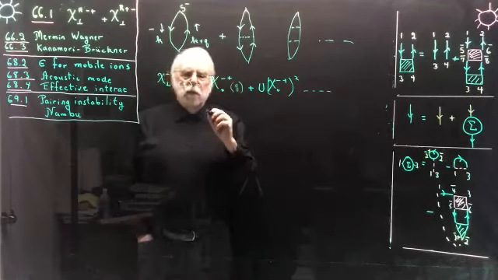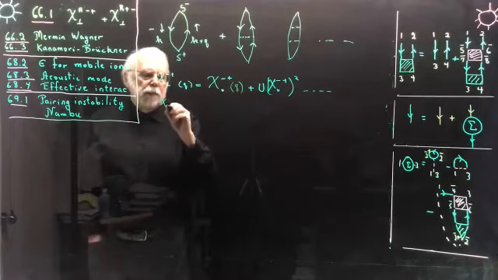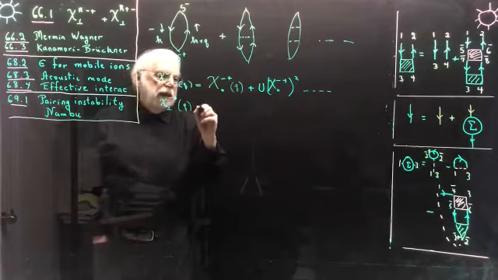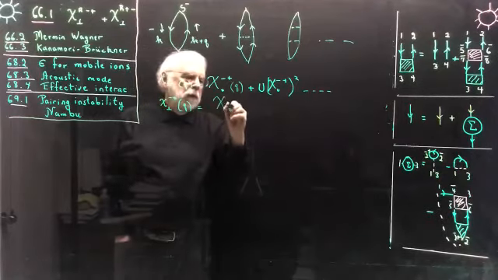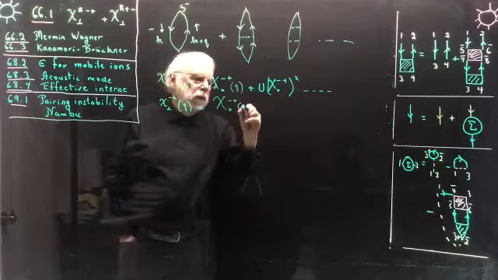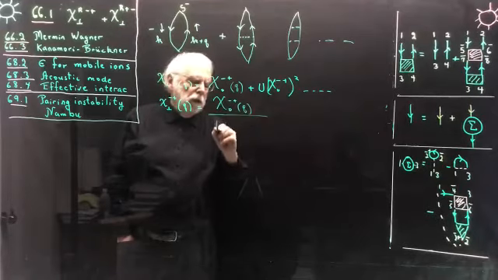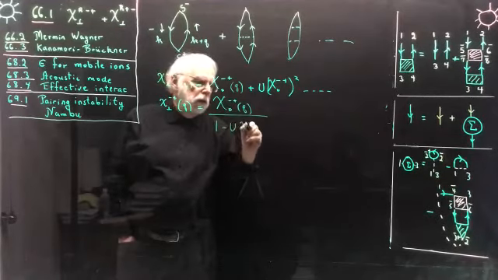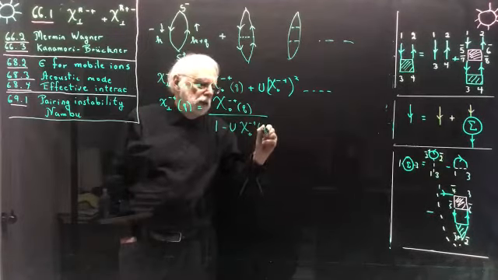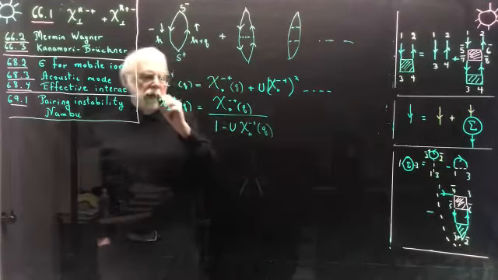Okay, so in the end the chi perpendicular minus plus Q is equal to chi 0 minus plus of Q divided by 1 minus U chi 0 minus plus of Q. Okay.